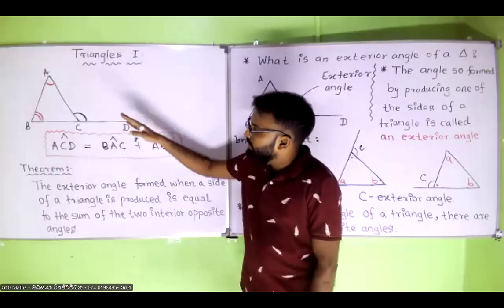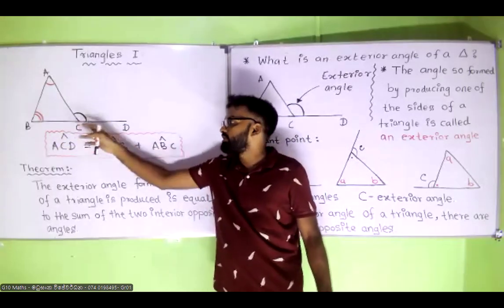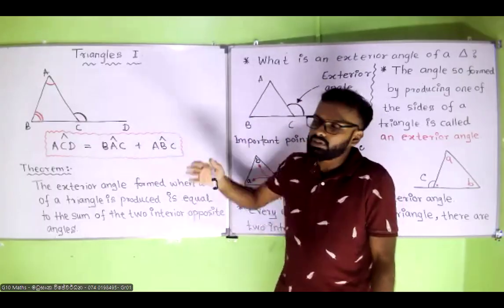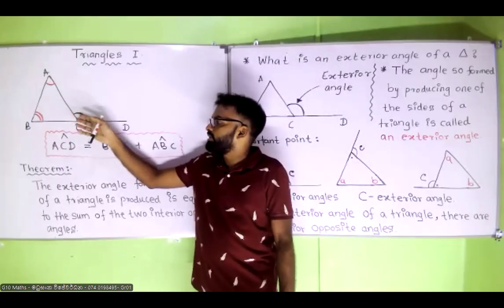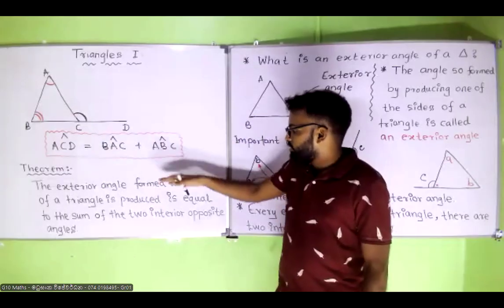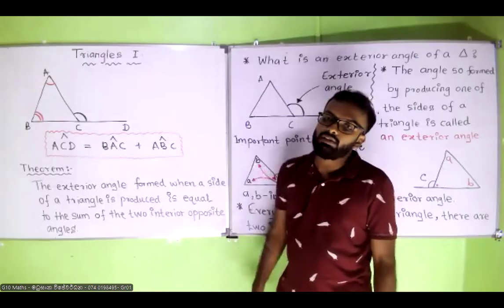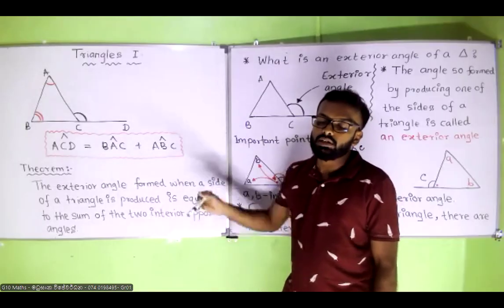The exterior angle so formed by extending or producing BC, or one of the sides of the triangle, because that is common for all cases, is equal to the sum of the two interior opposite angles.